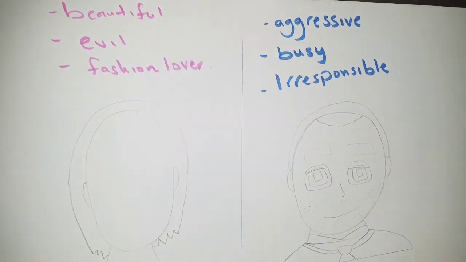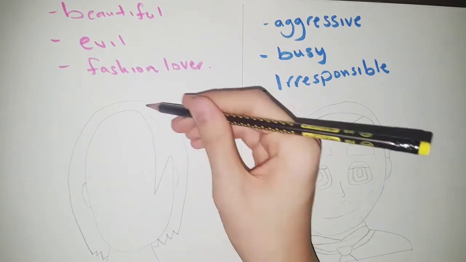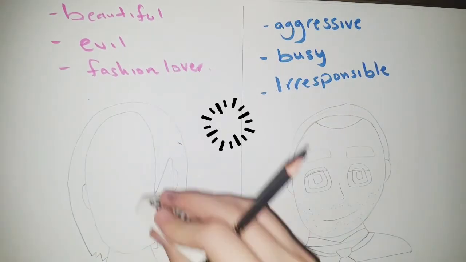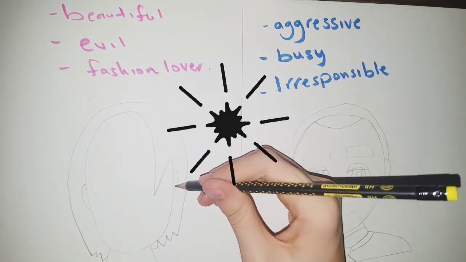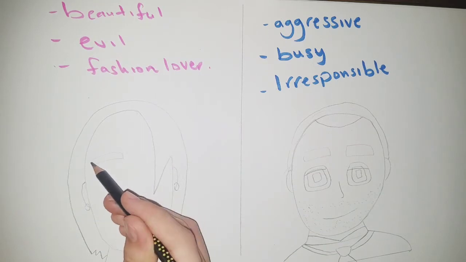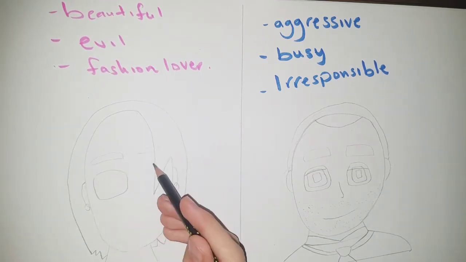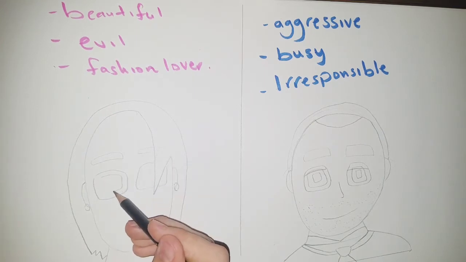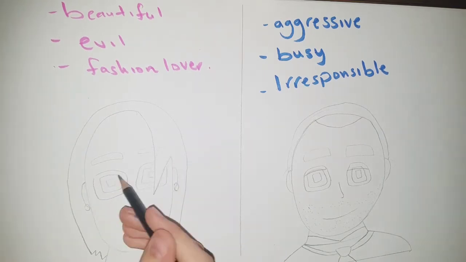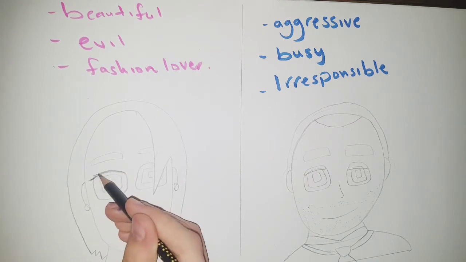I try to make her different from others, so I give her a very short hairstyle and black everywhere, and some accessories like earrings and necklace. I give her a very thick eyeliner, because I think eyeliner makes a fashionista and evil, so things match.